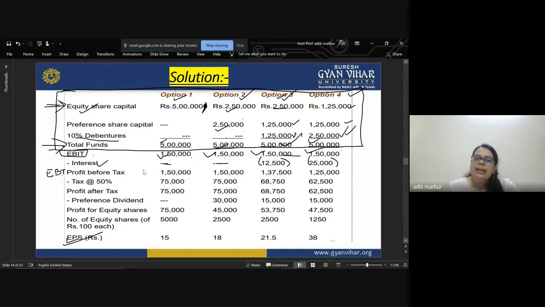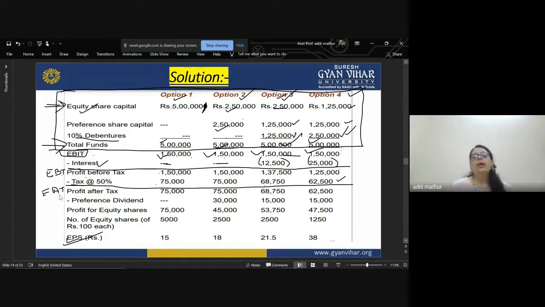So after deducting the interest, you come to your earning before tax, and it is 1,50,000, 1,50,000, 1,37,500, and 1,25,000. After your EBT, you deduct the tax, which is 50%: 75,000, 75,000, 68,750, and 62,500. After deducting it, you get your EAT, that is earning after tax.